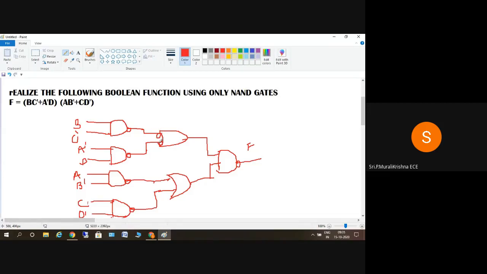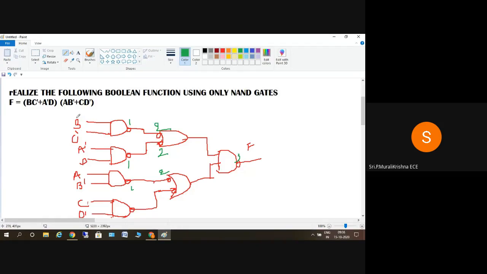So this is the bubble. Now I have to check the bubbles in each and every line. You can see here this is 1, this is 2, and this is 3. So 3 bubbles, not compensated. And the same in the other lines, 1, 2, and 3, not compensated. So for every gate, the bubbles are not compensated.